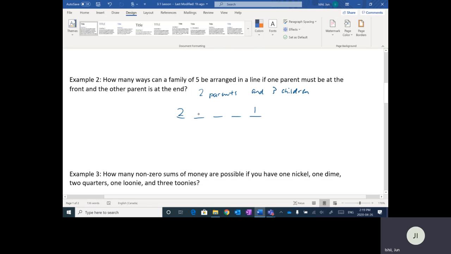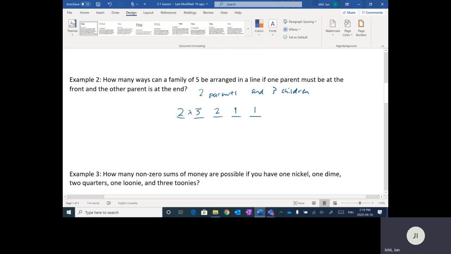The second person in line is going to be a child, and there are 3 possible children that could go there. Then the next would only have 2 possibilities, because one of the children is in the second slot. So it reduces by 1, and then we only have 1 more option there.